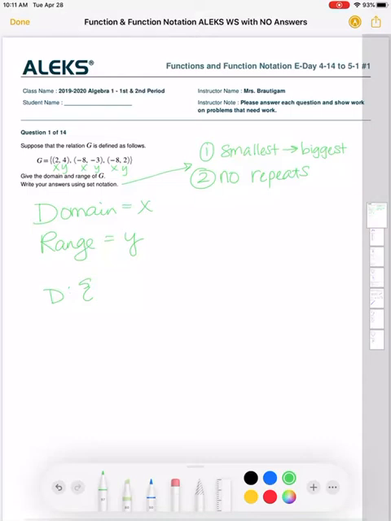But notice that 2 of those x values are the same, so it would simply be -8 and 2, and that is your domain. On your range, you are going to follow the same rules, smallest to biggest with no repeats. So you have 4, -3, and 2, -3, 2, and 4. And that is how you write domain and range in Set Builder.